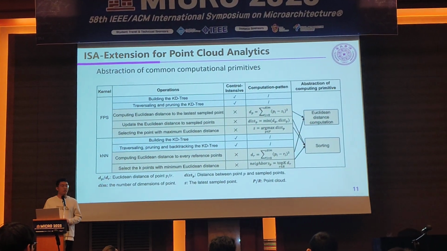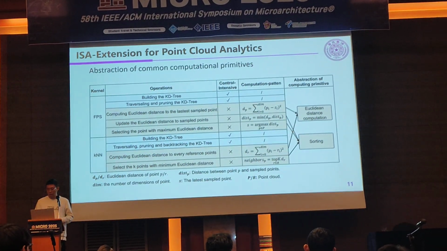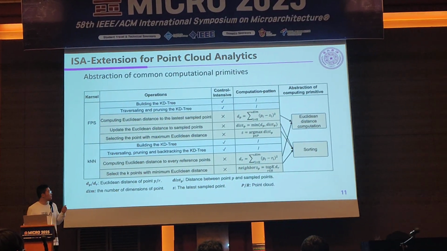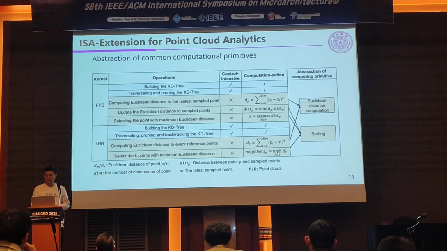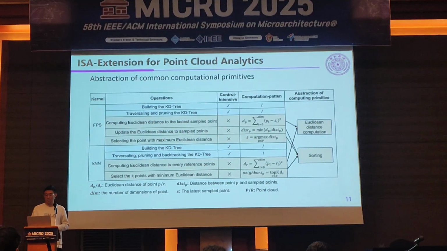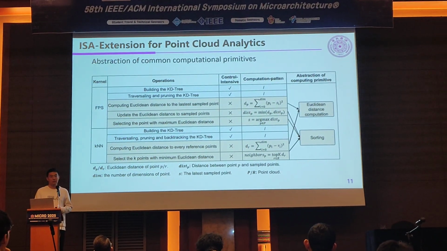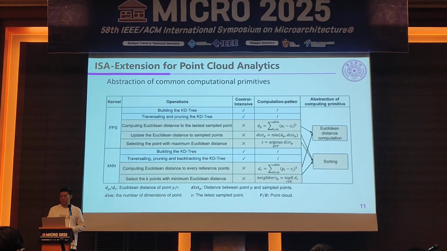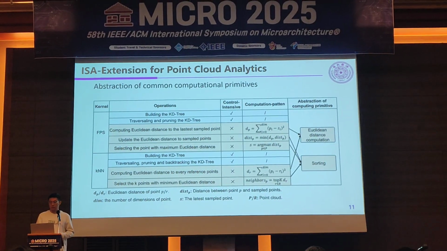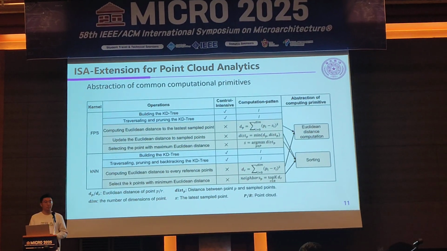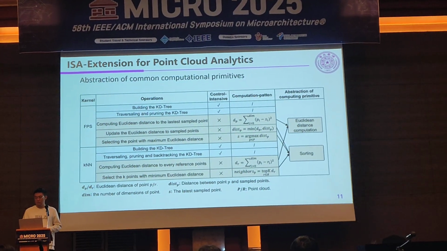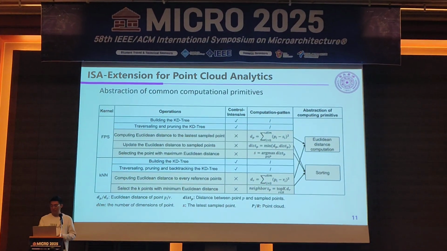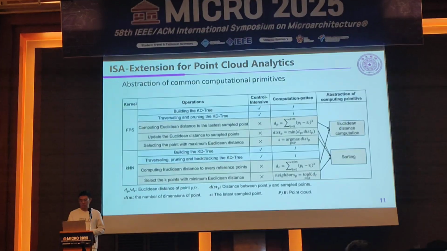Firstly, we analyze FPS and KNN kernels and find that the computation involves complex branching statements, which are not friendly for array processing units.